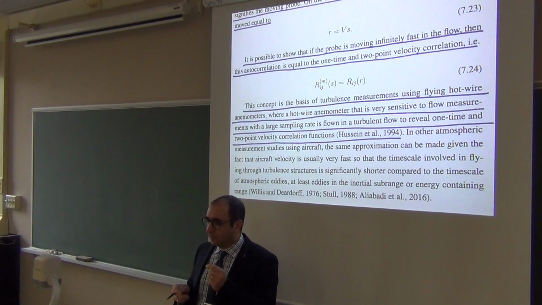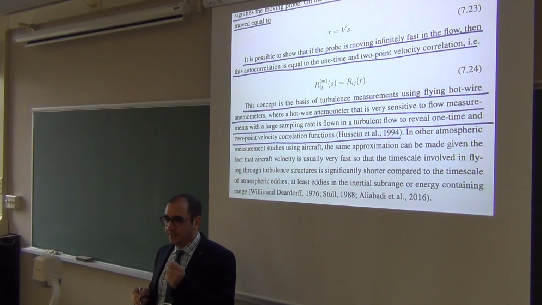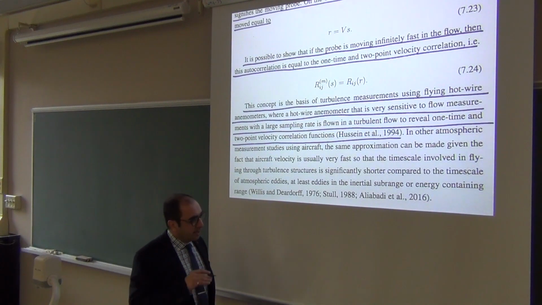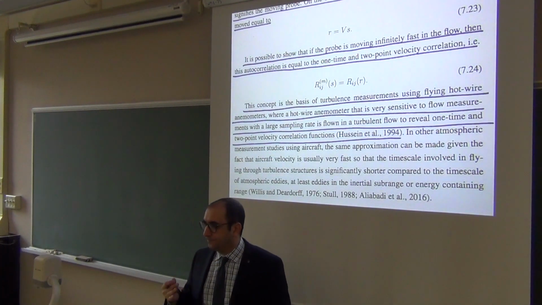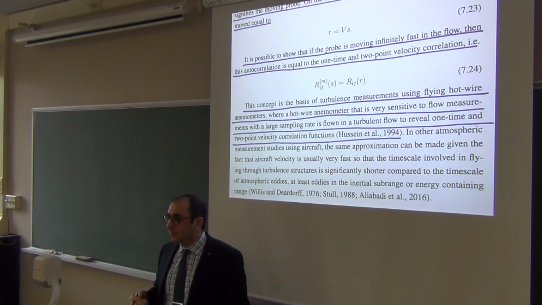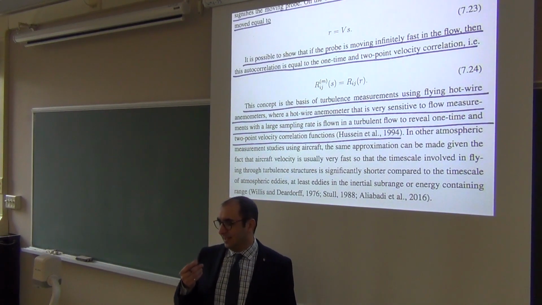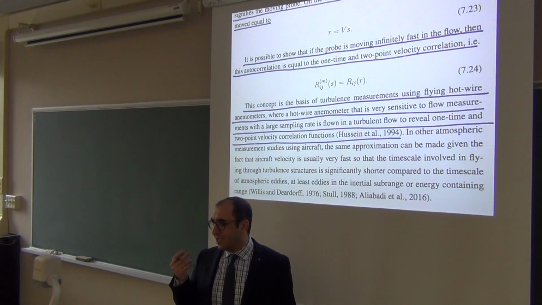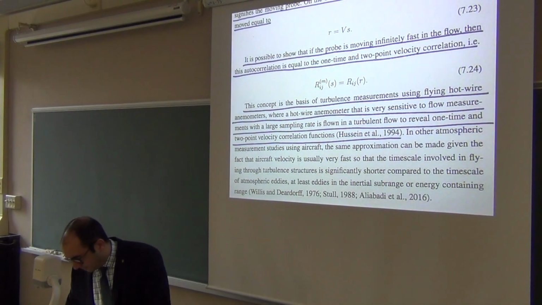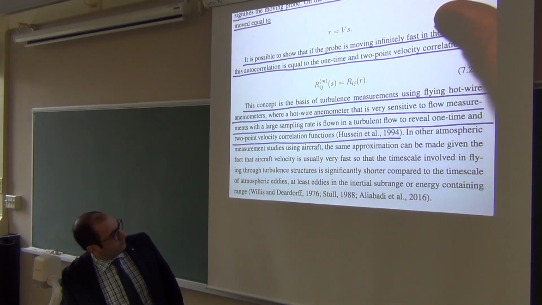I'm talking about kilohertz, if not megahertz. Then it can measure two-point correlation. If you fly an aircraft through the atmosphere, aircraft generally fly much faster than the wind. Then again, an aircraft can measure two-point correlations in the atmosphere if it flies fast enough. So this is a very important concept.